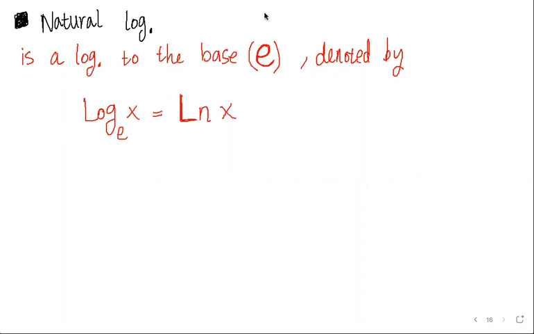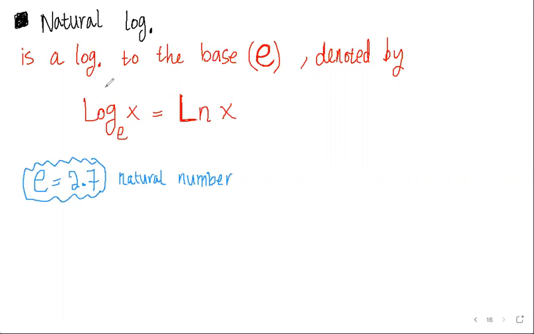By the way, e is a number, 2.7. This is e. It's called the natural number. So any logarithm to this base e is ln of x.